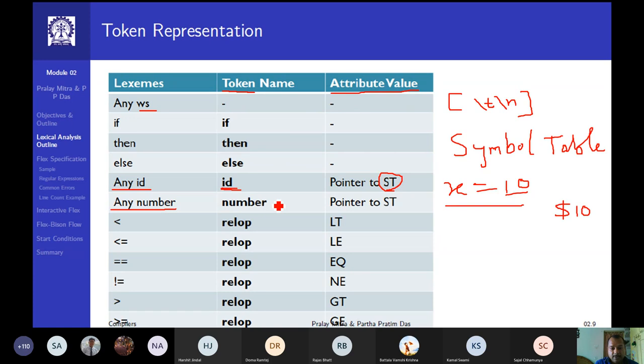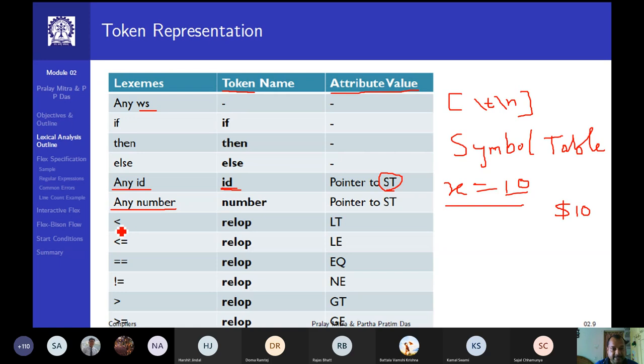Then this tuple will be passed to the parser. Parser will do the processing. After that, parser will pass it to semantic analysis. It will do the processing. It will go to intermediate code generator, machine independent code optimization, target code generation. So steps will go.